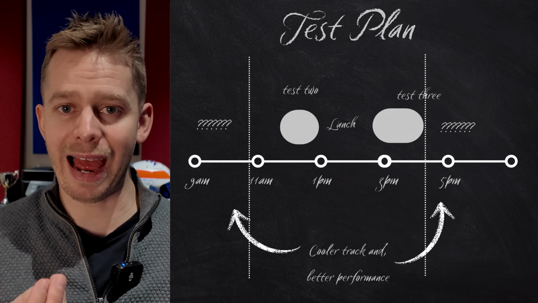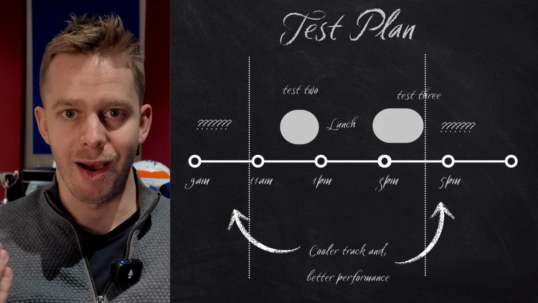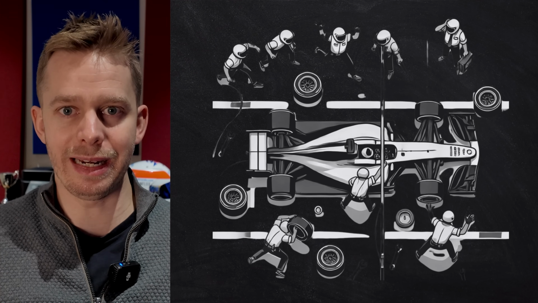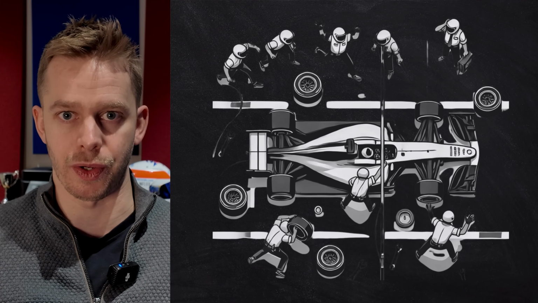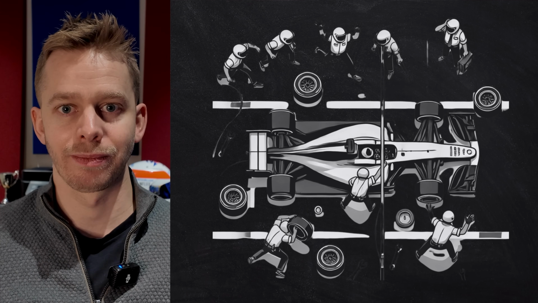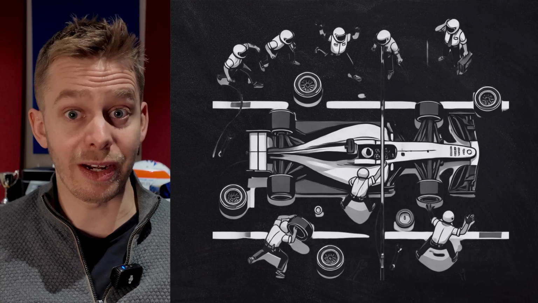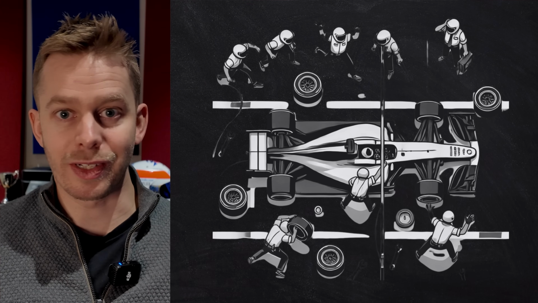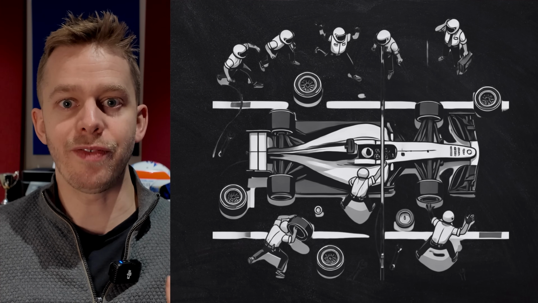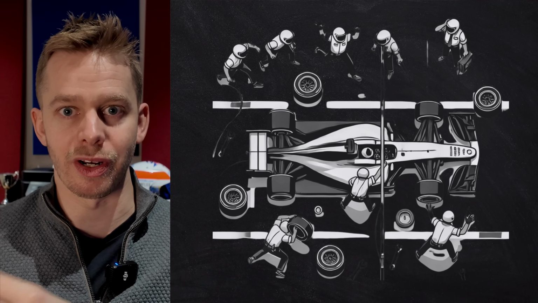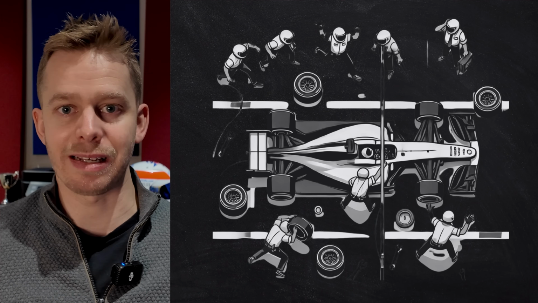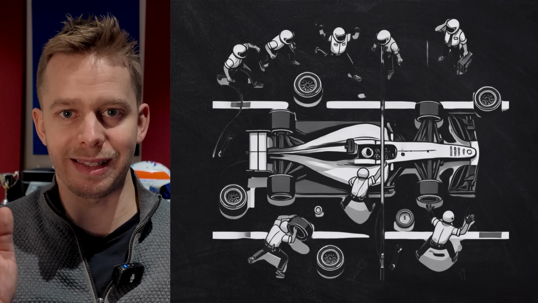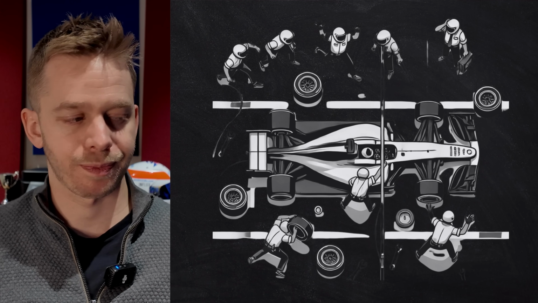Equally, because of how well these test plans are choreographed, teams have very little to actually react to over a day of testing. They don't have to rush for the rain or the change of conditions. They don't have to rush for safety cars or even to get better track position in terms of red flags. They're simply in open pit lane running and therefore can plan the day to their absolute optimum.